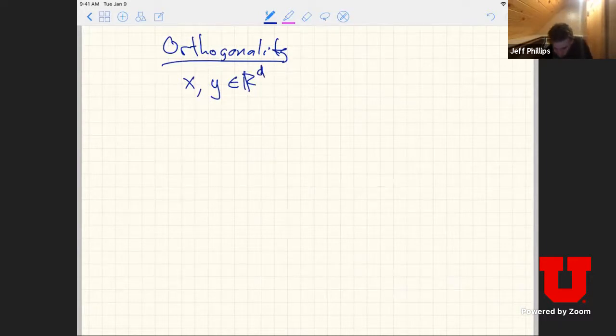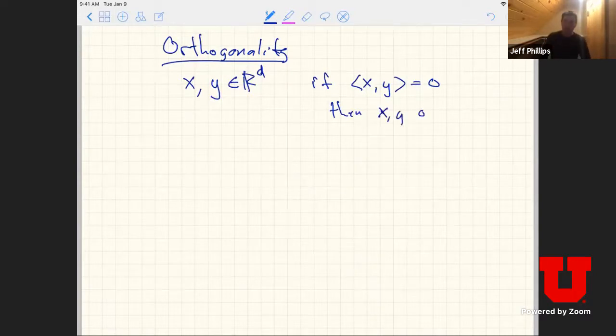If x dot y is equal to exactly 0, then we say that x and y are orthogonal. So they have to be equal to exactly 0 in the dot product of each other. This is the technical definition.